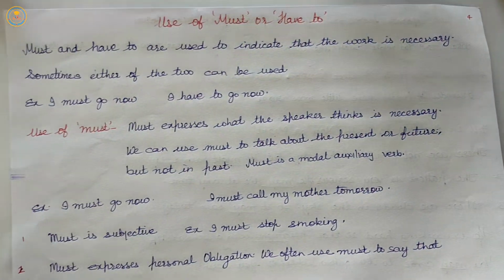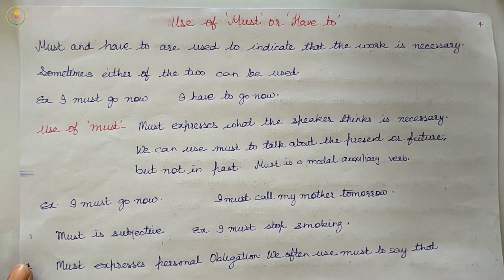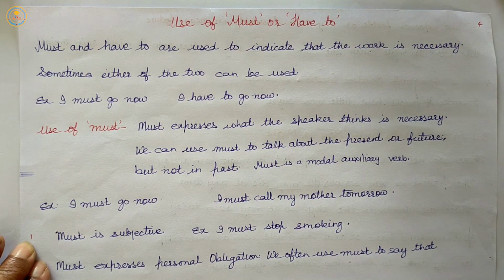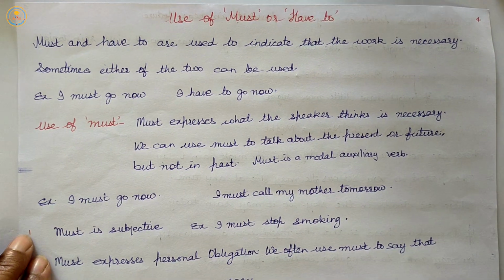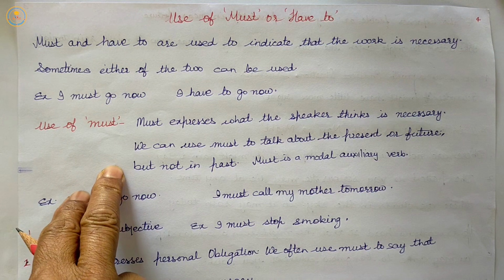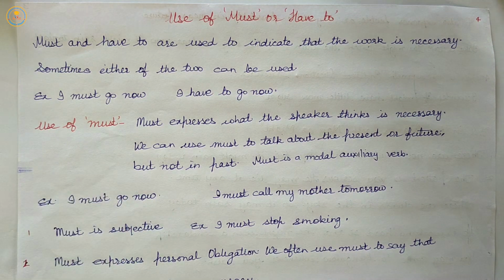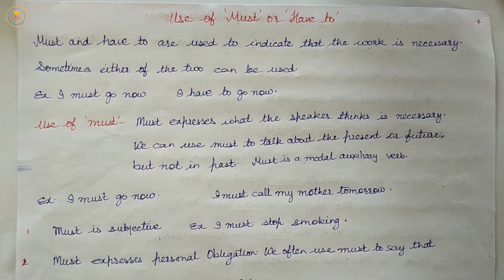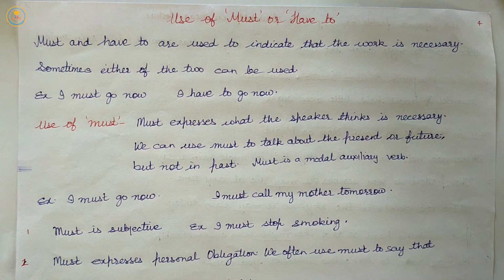Let us move to our next modal, that is must. We will see the difference between must and have to. Must or have to are used to indicate that the work is necessary.